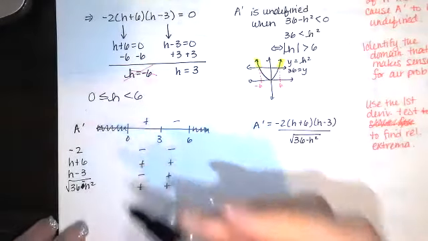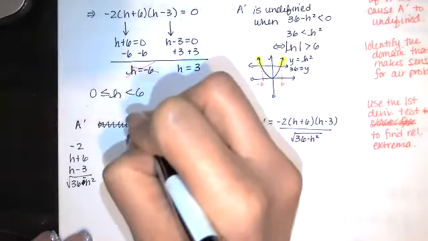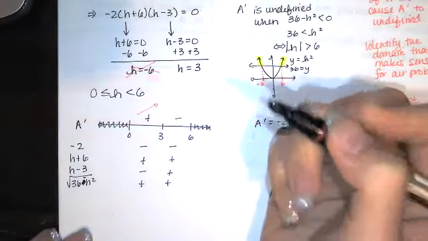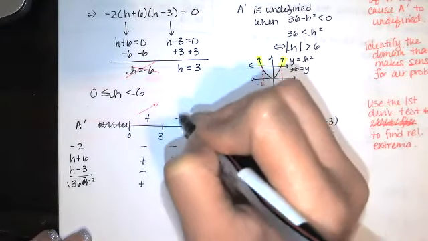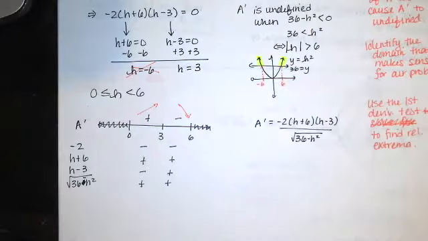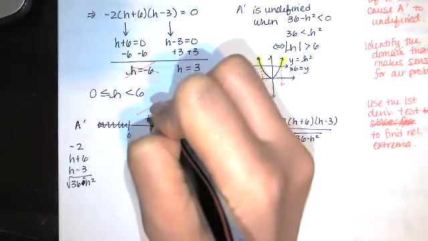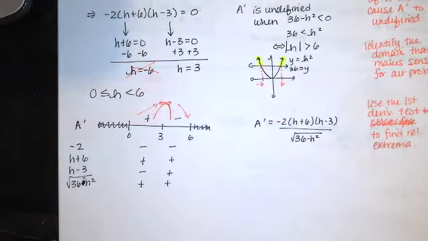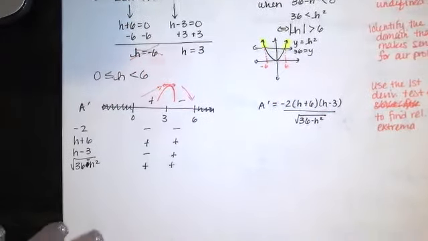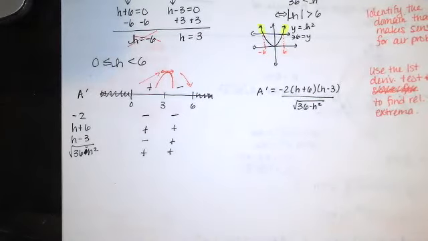We know a prime is positive. That means a, the original function, is increasing on that interval. And the original function a is decreasing on that interval. So the function goes from increasing to having 0 slope to decreasing. So that means we must have a relative max at the top at h equals 3.